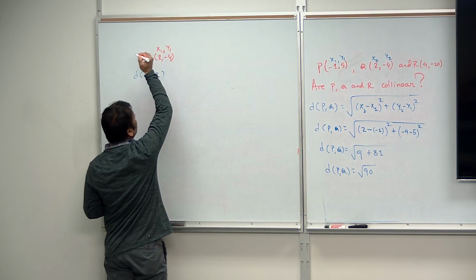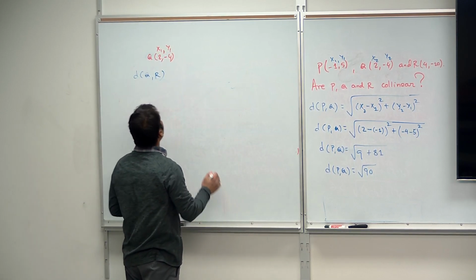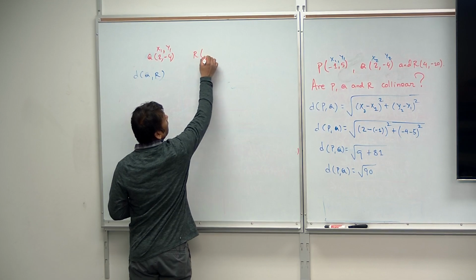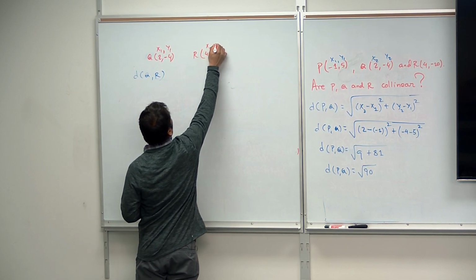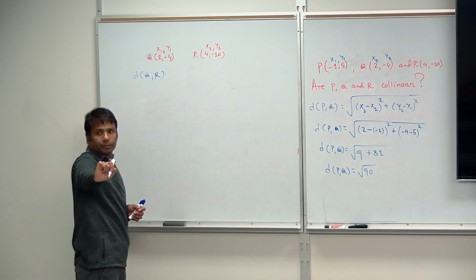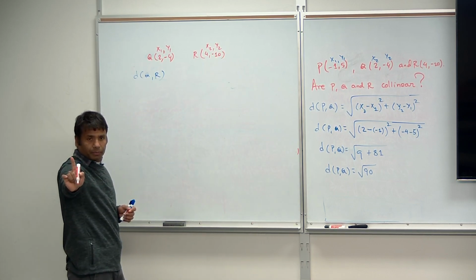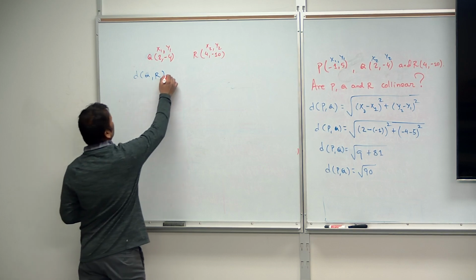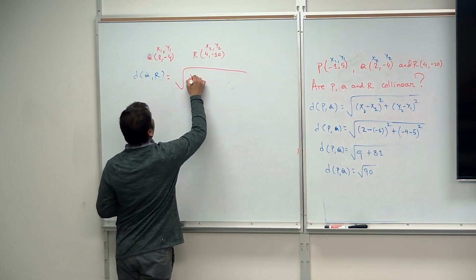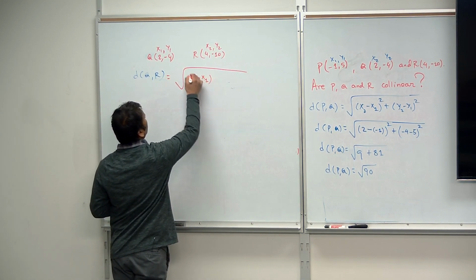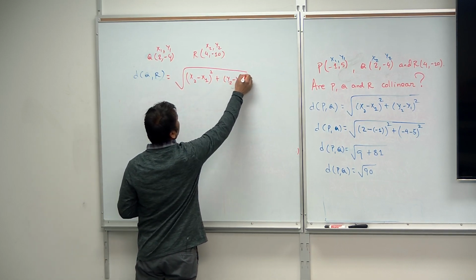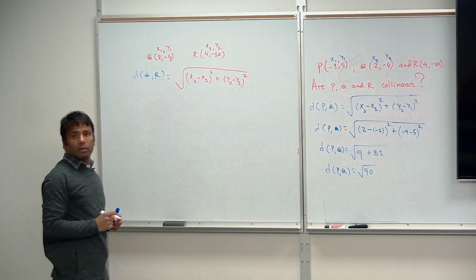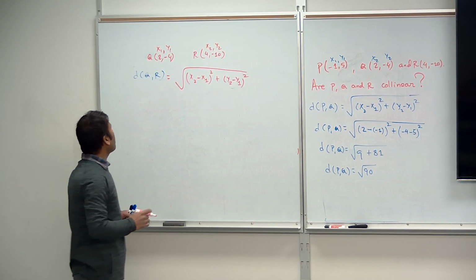And then R is the point 4 comma negative 10. Let's say this is my x2, y2. Are you with me? And you know the distance formula: radical of x2 minus x1 squared plus y2 minus y1 squared.